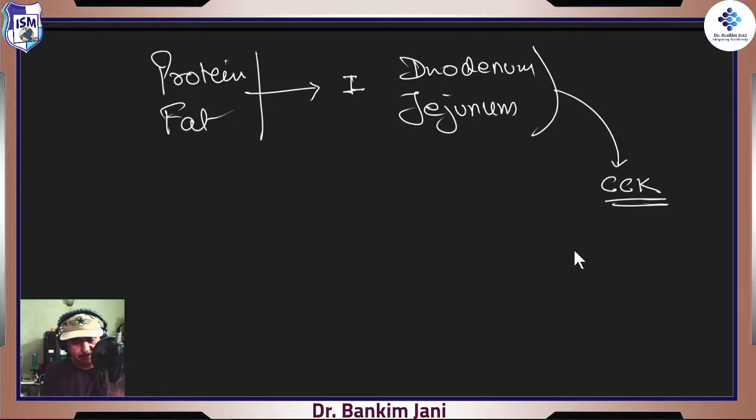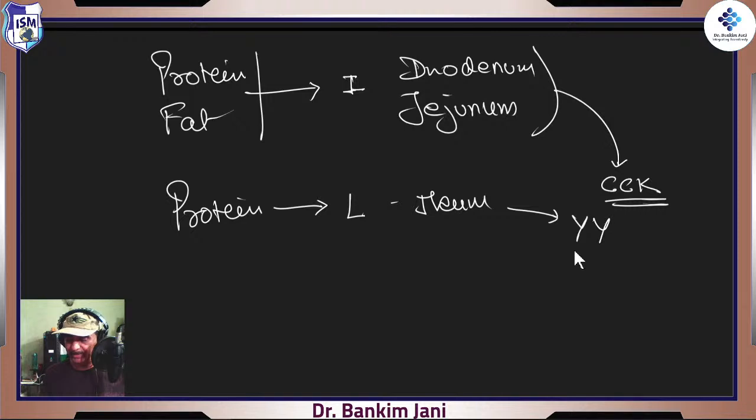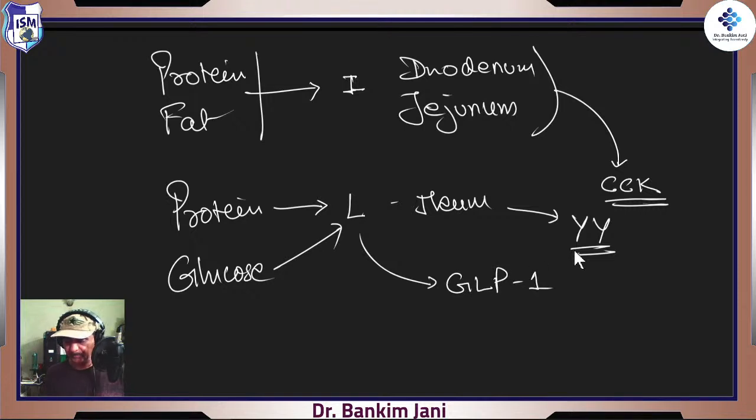Then protein will act on the L cells of ileum, and it will release YY, which is a peptide hormone. We have already written about peptide hormones, so we'll keep it like this. And finally, glucose will act on L cells in the ileum and will lead to GLP-1. So these three, collectively, what will they do?